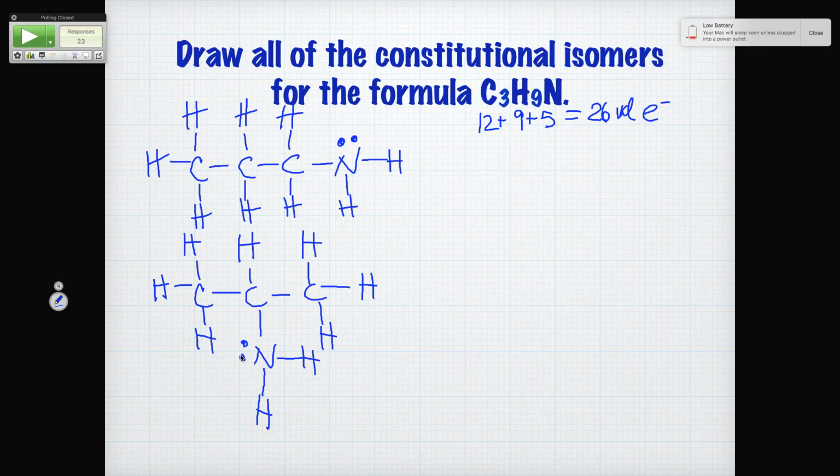There's another one, CNCC. So you want me to go C, N, C, C. Okay, how many hydrogens does that carbon get? 3. How about the nitrogen? 1. It gets 3 bonds and it's already got 2, so it's only going to have room for 1 hydrogen.